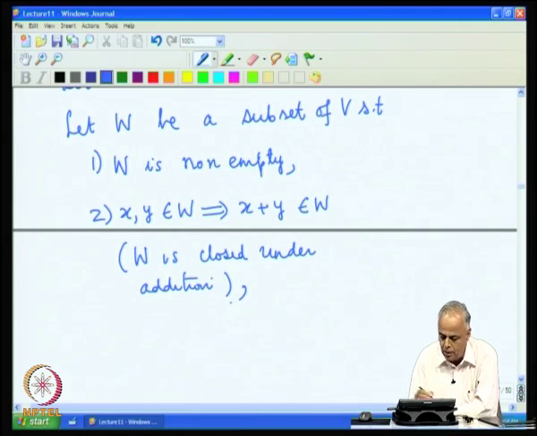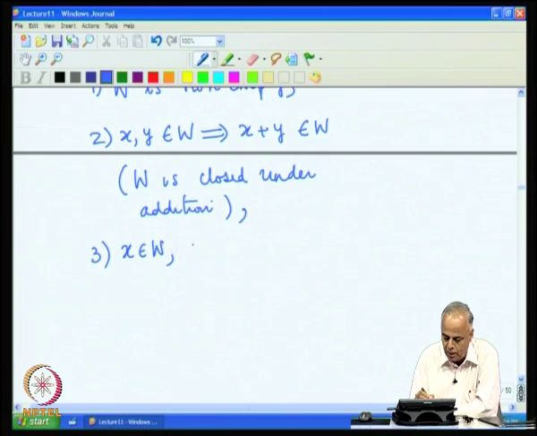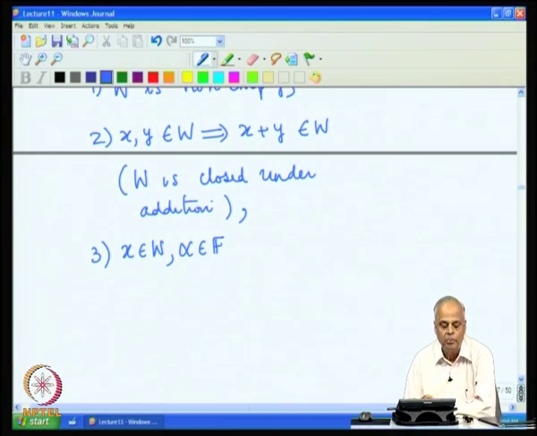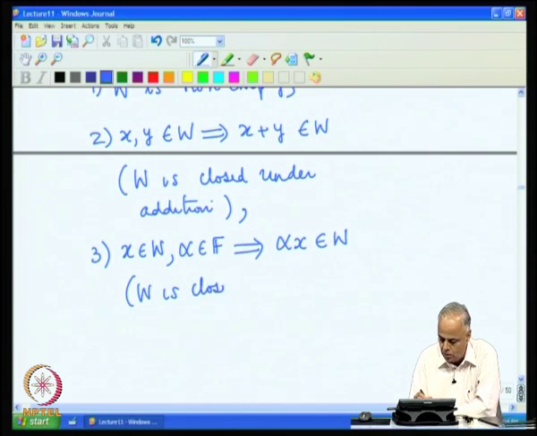And the third condition is the other reason for the saturation, namely closed with respect to scalar multiplication. That is, if we take any vector in W and if we take any scalar and look at the scalar multiple, that must be again in W. We say W is closed under scalar multiplication.